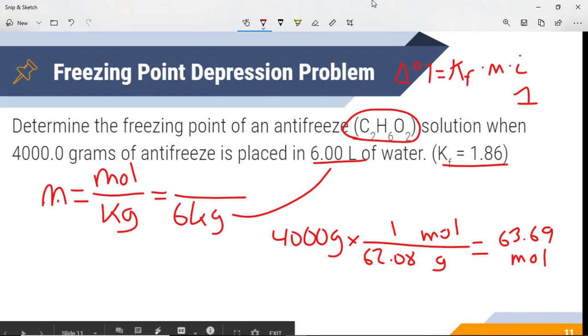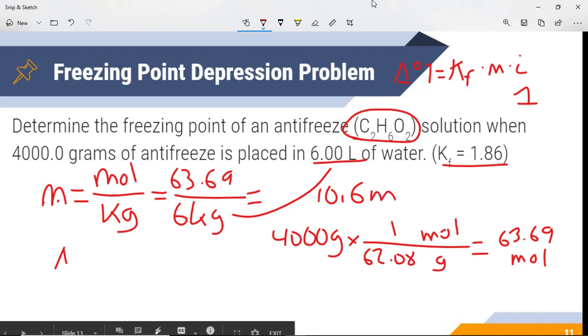So we're going to plug that in here to get our molality. This is going to be 10.6 little m.